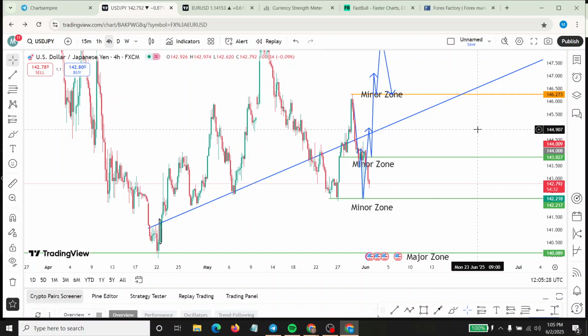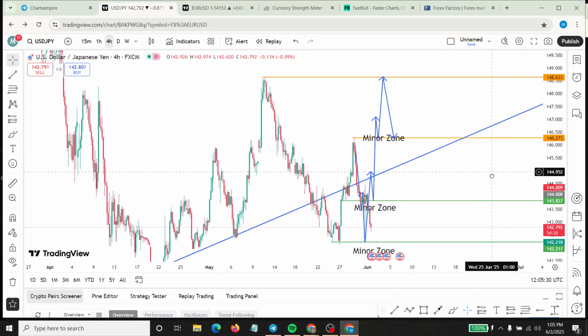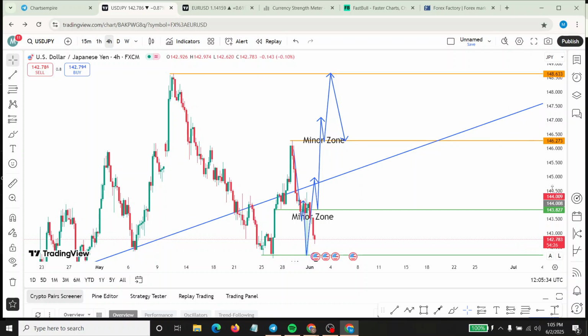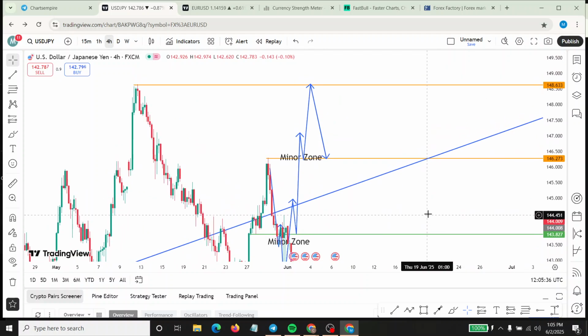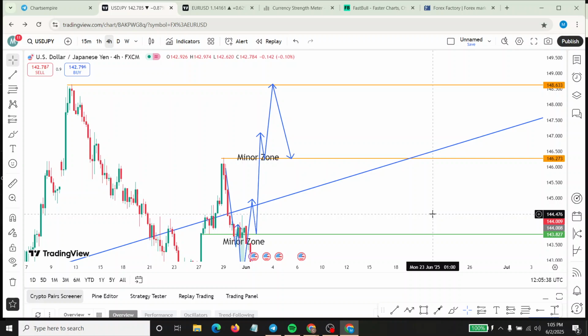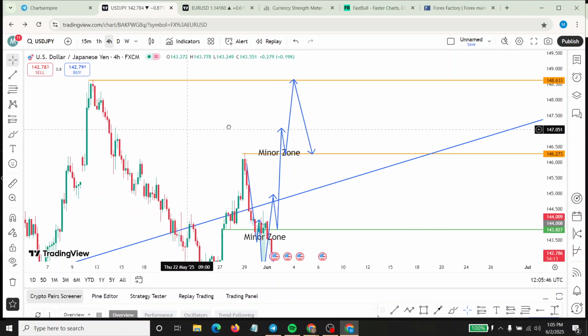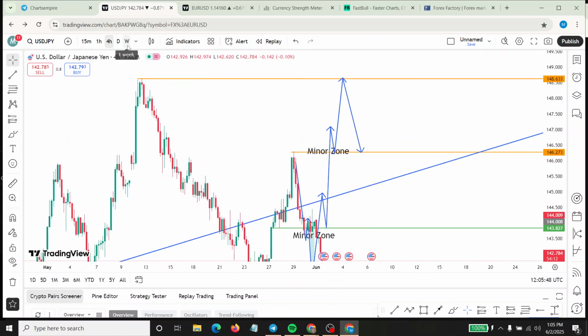With our major zone identification, we want to identify it on our higher time frame chart, from 4 hour to daily to weekly, because the higher time frame supersedes what the lower time frame is saying.